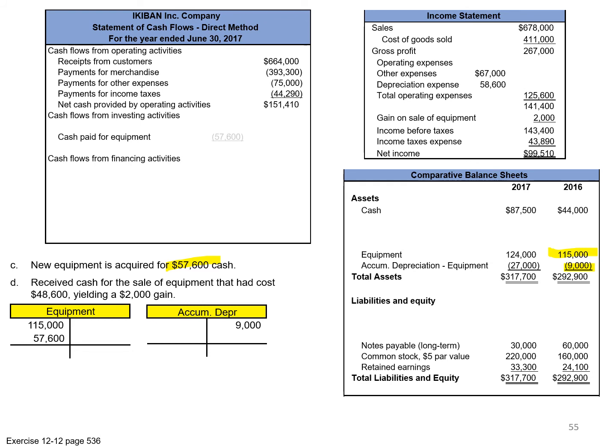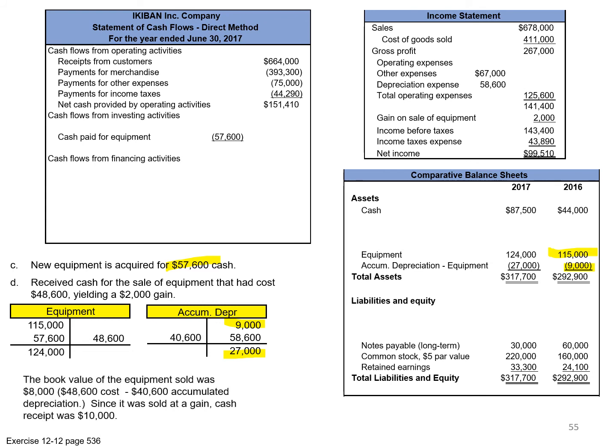So cash paid for equipment first is going to reduce our cash, $57,600. So we'll put that up on our cash flow statement. Then they tell us that, so if we start at 9 and we're ending at 27, that means we had additional accumulated depreciation of 58,600 less the, oh, here they go.